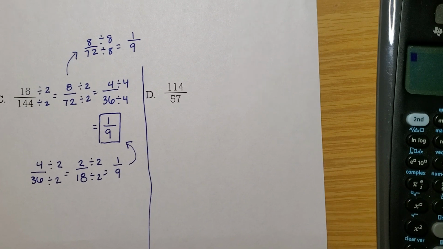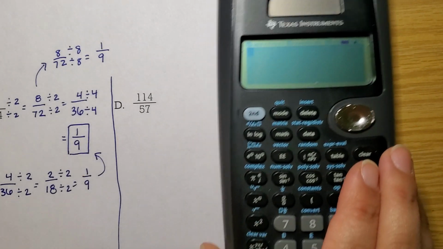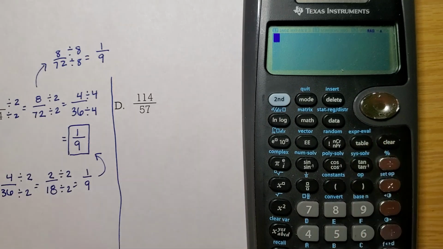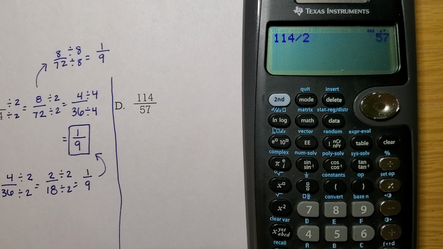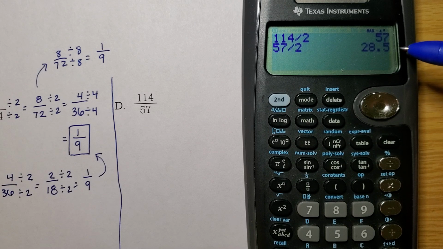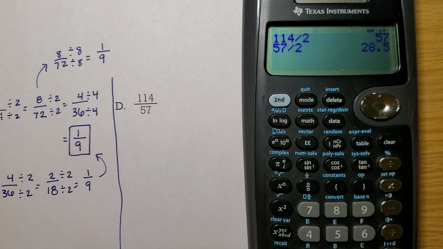But let's say I didn't notice that. Let's say I looked at 114 and 57, and I was like, I don't know where to start with this. Start with 2. So 114 divided by 2, that worked, great. 57 divided by 2, that one didn't work. So if you get a decimal, that means it doesn't work, and you want to check the next number.